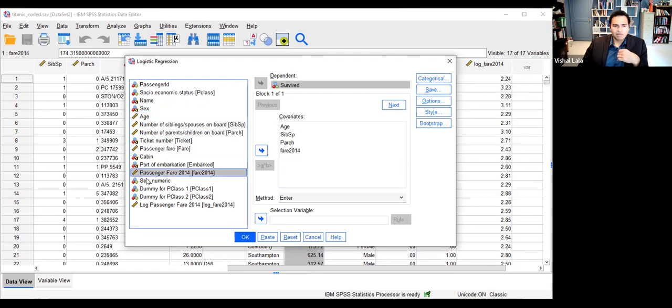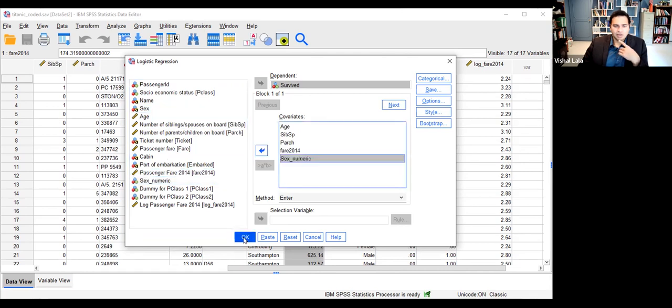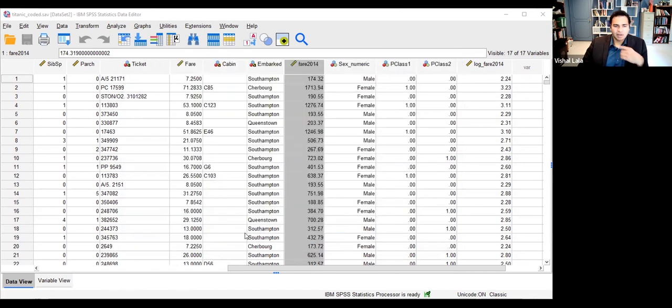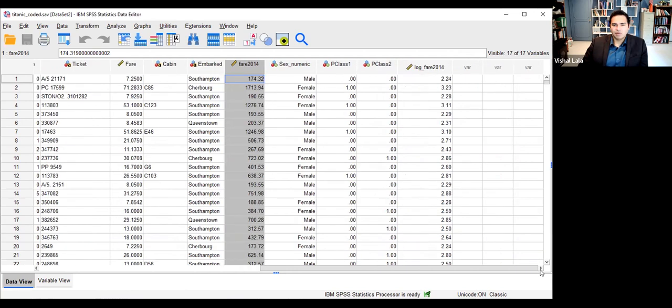We'll use a numeric version of gender rather than a string version of it. So just so we know here, sex numeric is such that male is 1, female is 2. This is important to note here. Okay, so female is 2, male is 1.